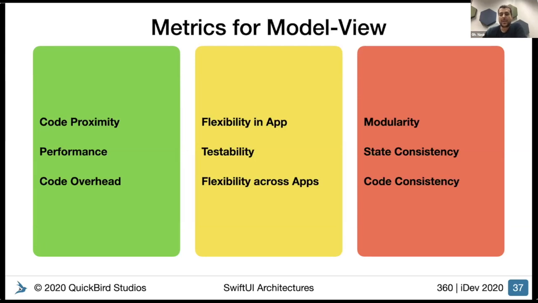So state consistency is also quite bad, because you do not really have a shared state except when you're using bindings. However, you cannot easily use bindings across the whole app for different models.